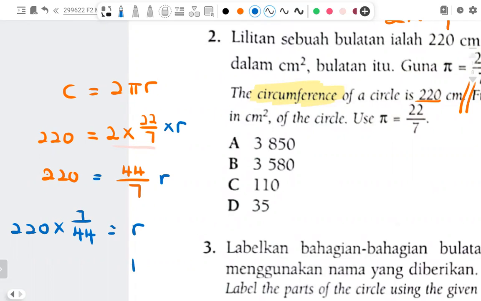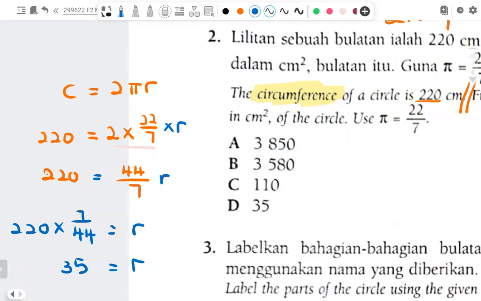Okay, then you will have radius equal to 35, 35 centimeter.